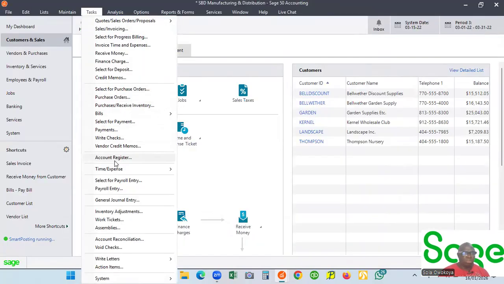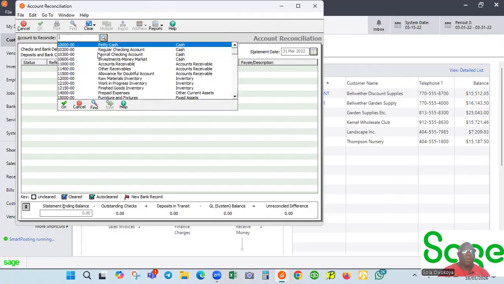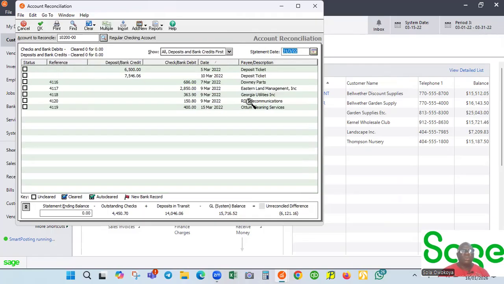You can use it to reconcile your bank, do a bank reconciliation, to know the ones that the bank has actually debited you that you are not aware of. So you can use it to reconcile your bank account and all that.